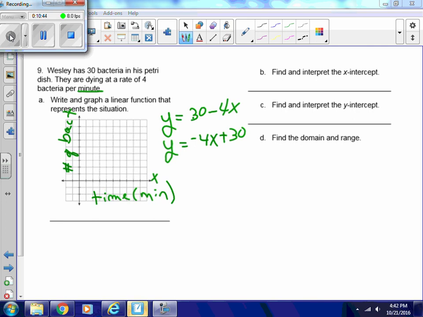Our minutes, we can count by ones. For our number of bacteria, we might want to count by fives. So we'll have 5, 10, 15, 20, 25, 30, and 30 will be my y-intercept.